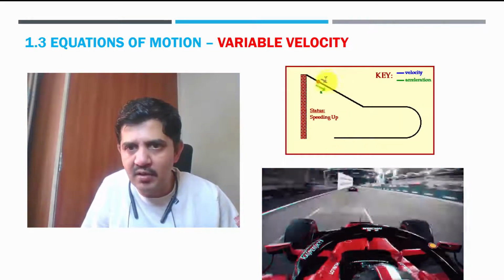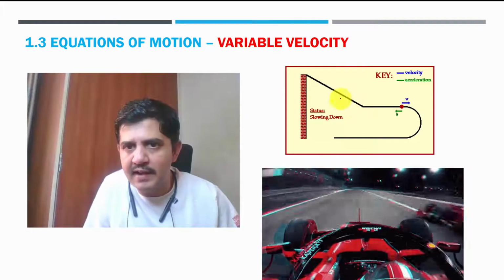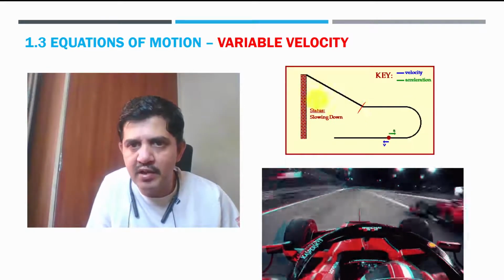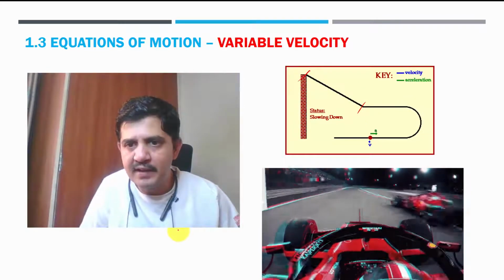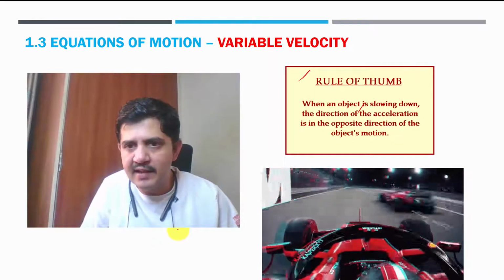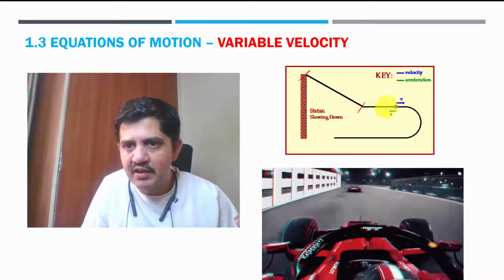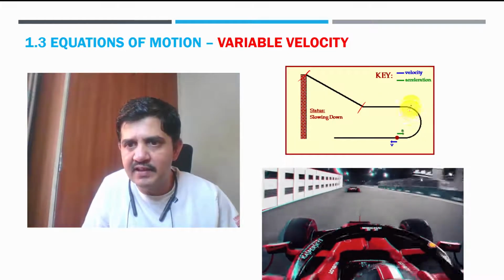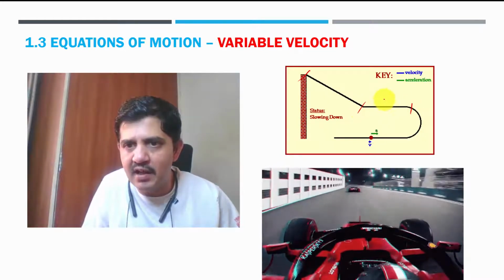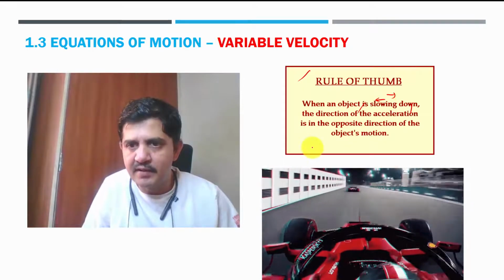See, the particle is coming down, and velocity and acceleration were in the same direction from here to here, right? Let us rerun it once again. You see, velocity and acceleration are in the same direction. When it is coming like this, the velocity and acceleration were in opposite directions, right?